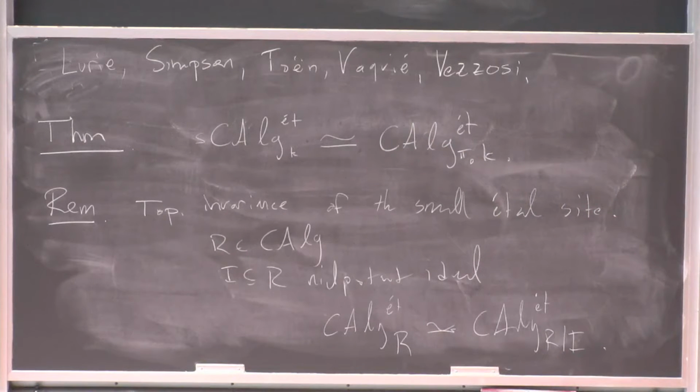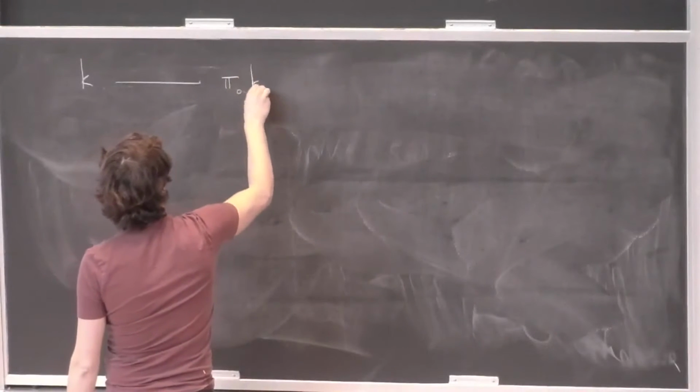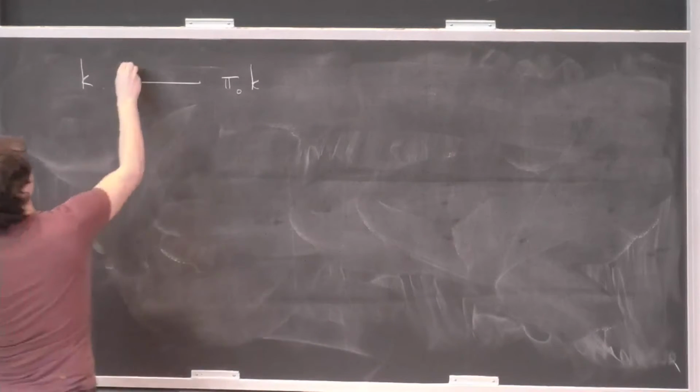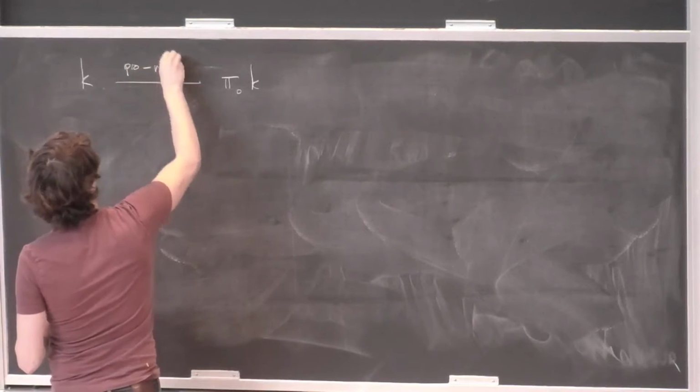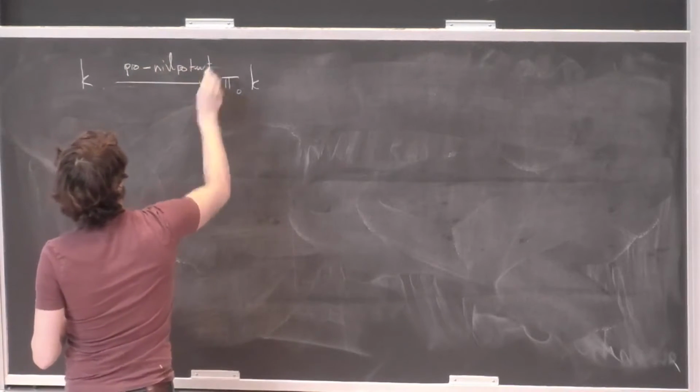And so in particular, and in some sense that's really true, any simplicial commutative ring has a map to pi 0 K, and this is really some kind of pro-nilpotent extension. So what does that mean?